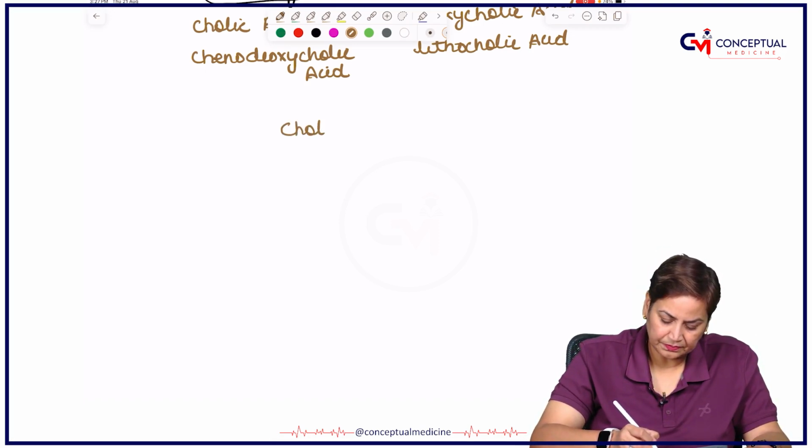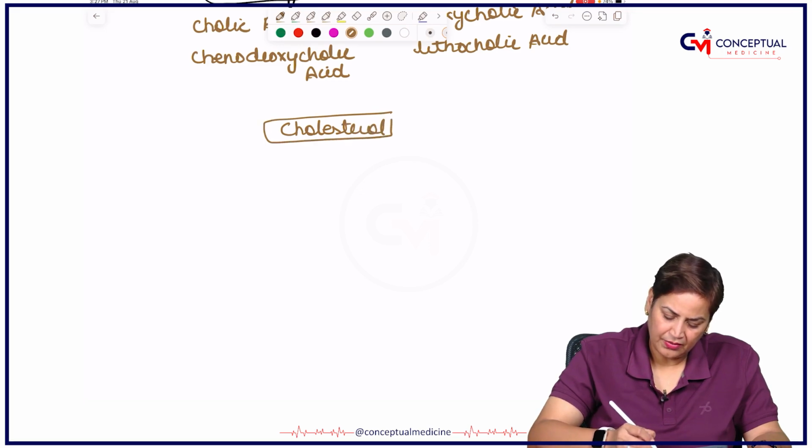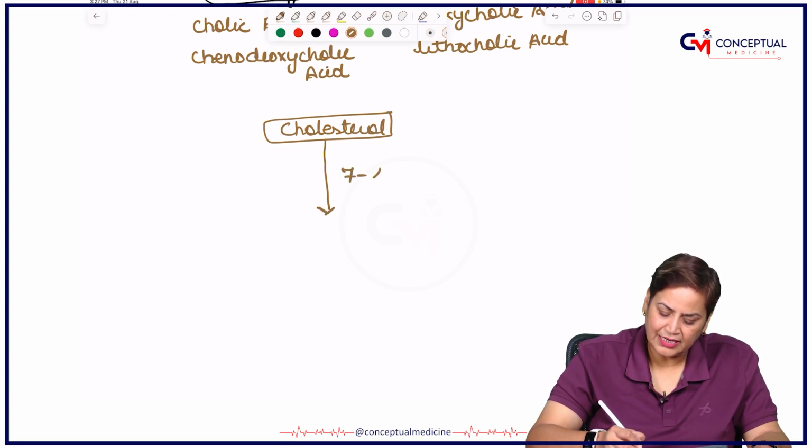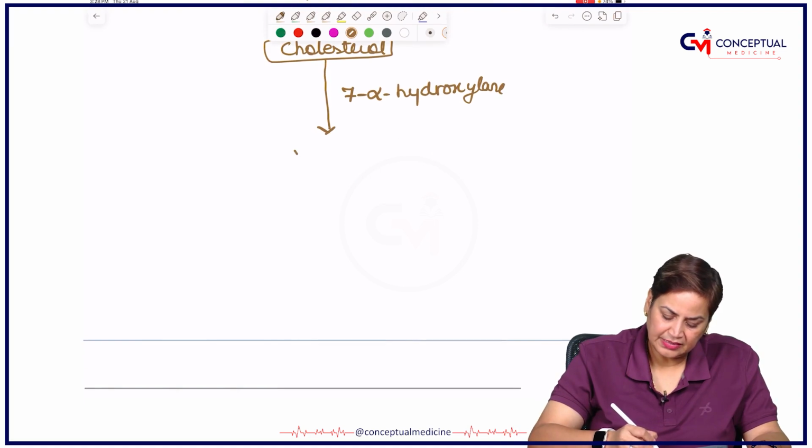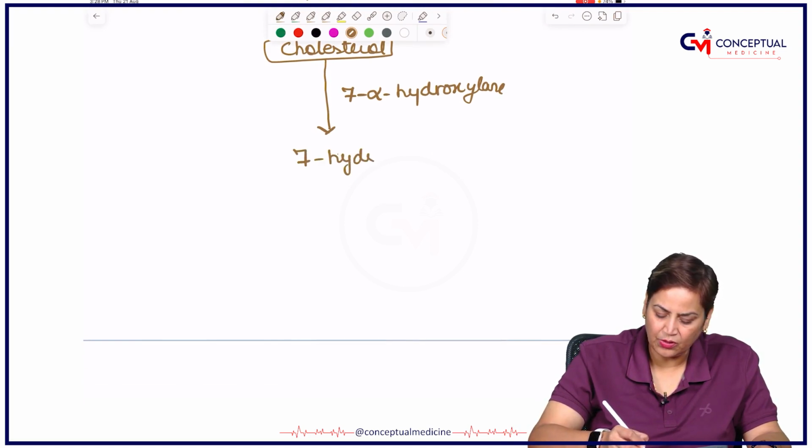So what is the reaction? Cholesterol undergoes hydroxylation at the 7th position, and it is going to form 7-hydroxycholesterol.